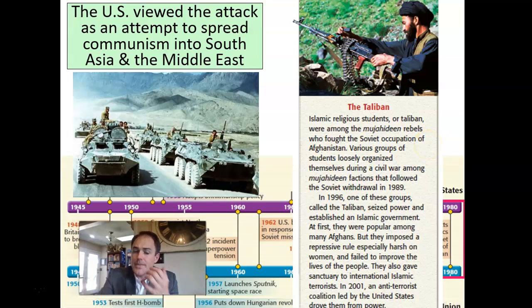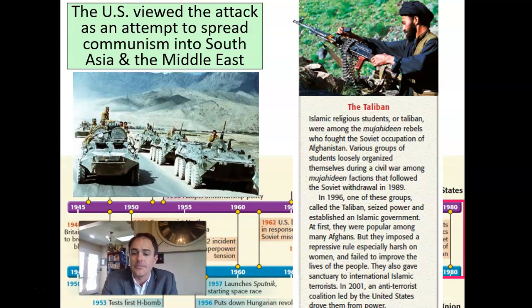Once they successfully win the war, the U.S. withdraws all support. And so Afghanistan is left war-torn, very young population with very little economic opportunities.